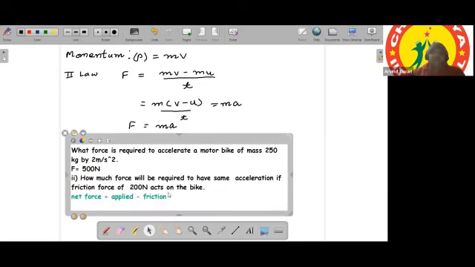The question asks how much force is required to have the same acceleration. So the acceleration should be the same, which means the net force should be 500. Here your net force should be 500 and it should be equal to the applied force, which we want to find out.